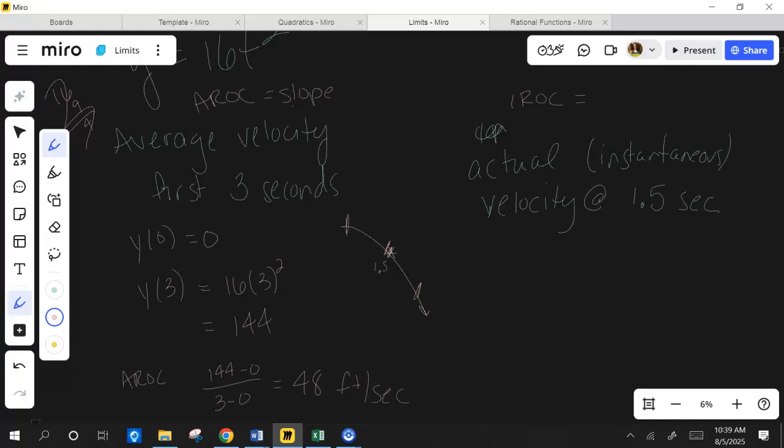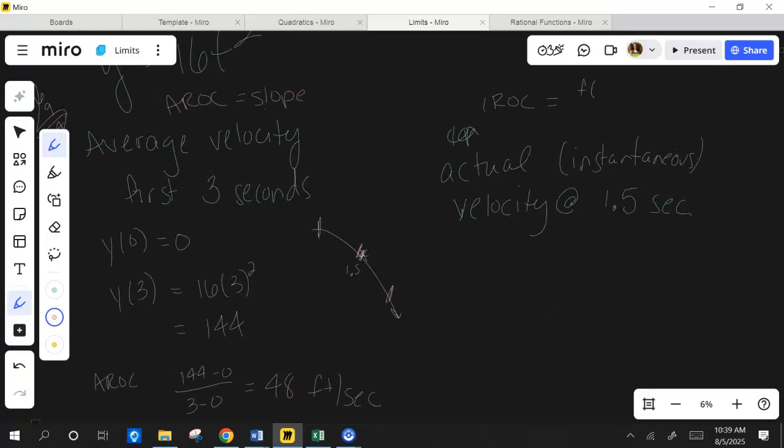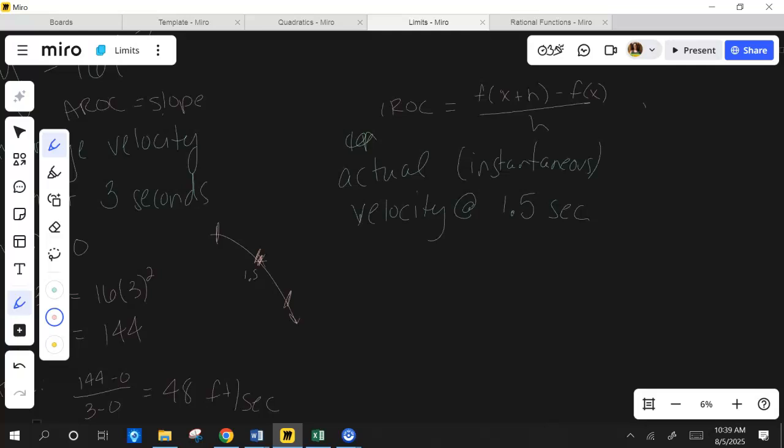This is where I am doing f of t or x or whatever it is, plus h, minus f of x, over h. Okay, this is IROC. That's AROC. Essentially, though, they're the same thing, really. But this just allows me to manipulate it a little bit so that I can put a 0 in for h. Remember, that's my goal. My goal here is to let h be 0.